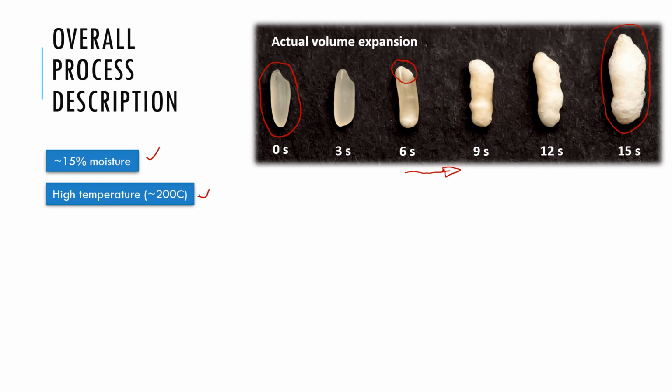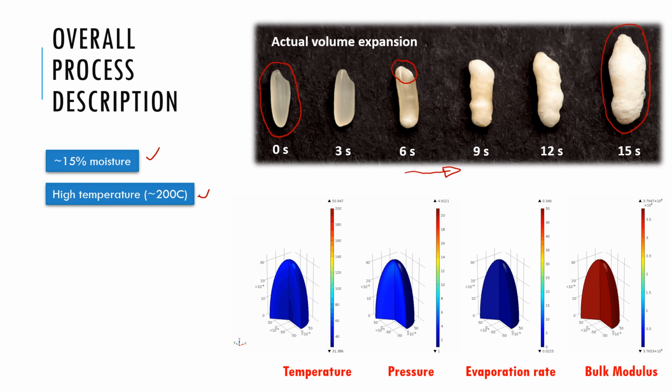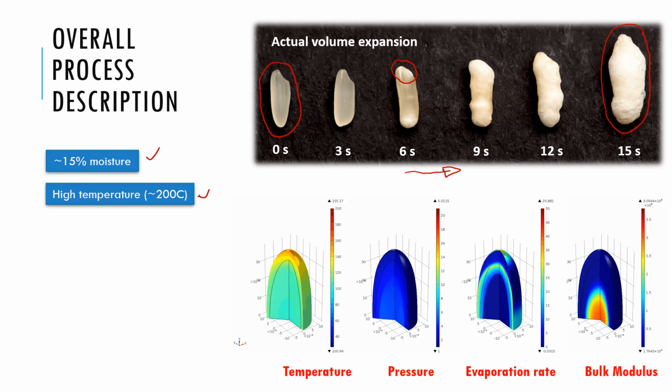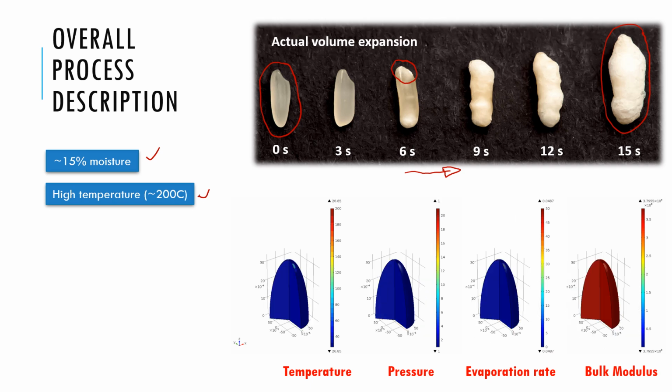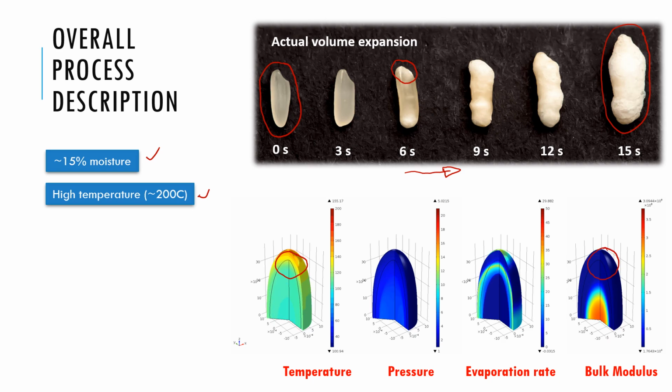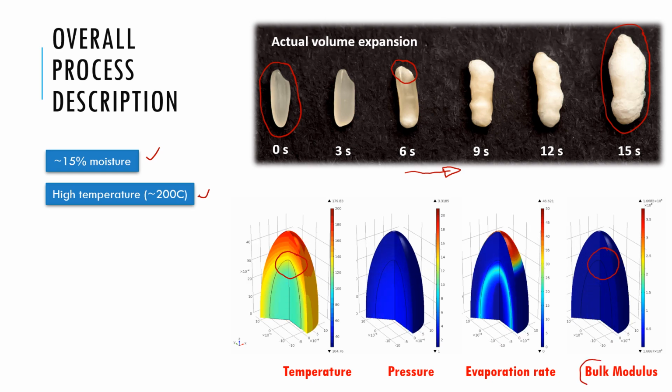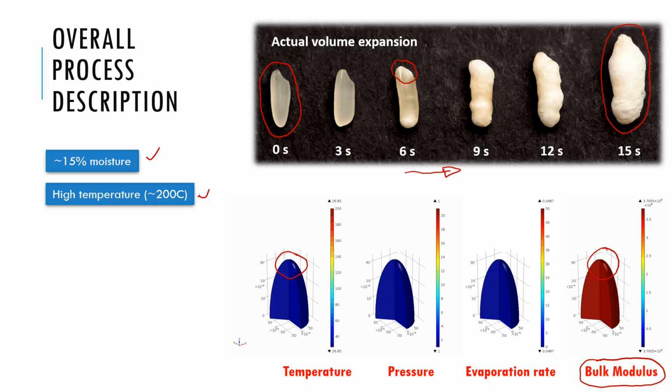Below is an animation from the simulation of the physics that we are about to build up. So here you see it gets heated, and the temperature increases starting from the corner, and as the temperature increases, the material becomes softer, so the bulk modulus decreases.